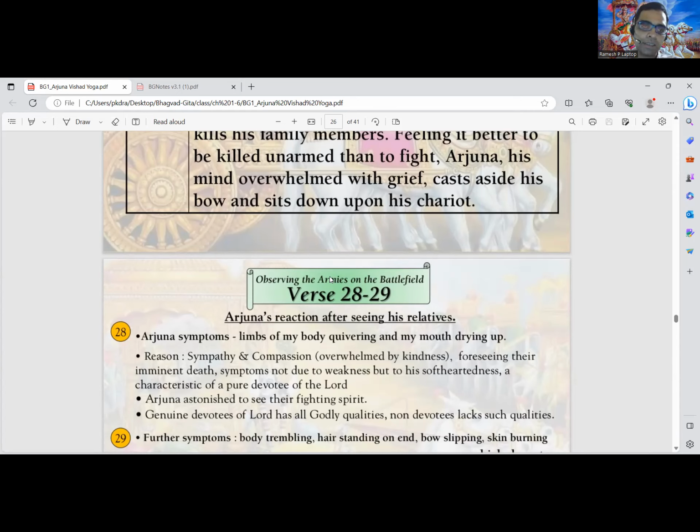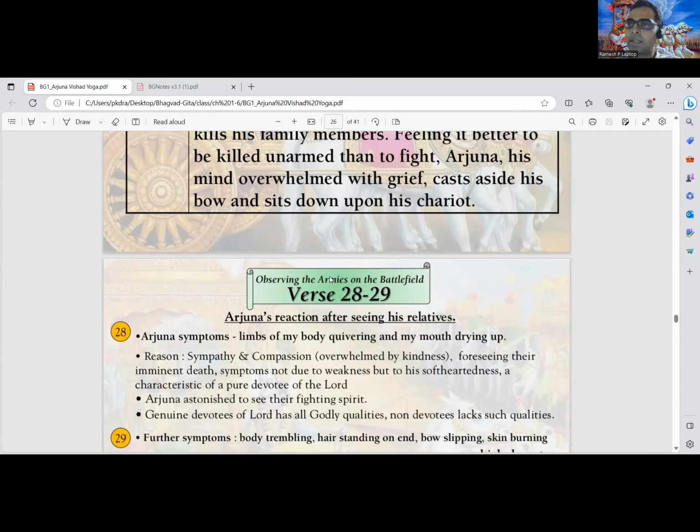Our body also quivers, our mouth gets dried up, and our legs and hands shiver. All these symptoms are there.